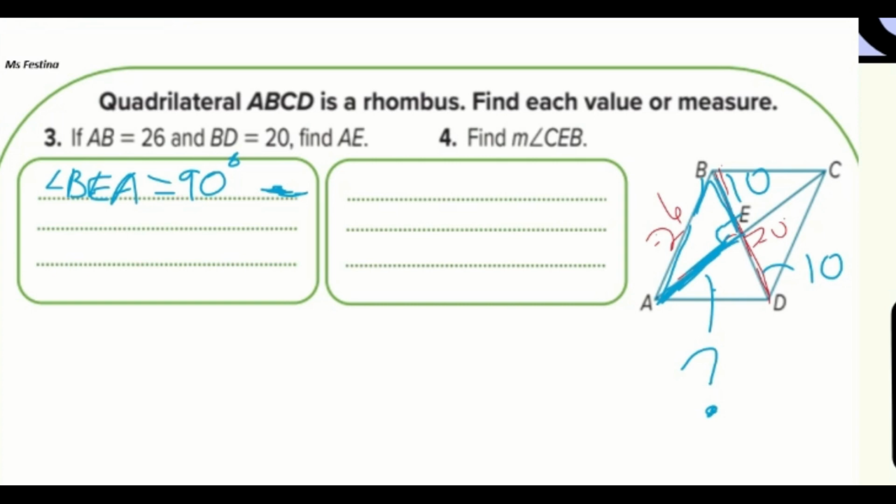So the Pythagorean theorem says A squared plus B squared equals C squared. C squared is 26 squared. 26 squared equals A squared, which will be my adjacent side, so that will be 10 squared.